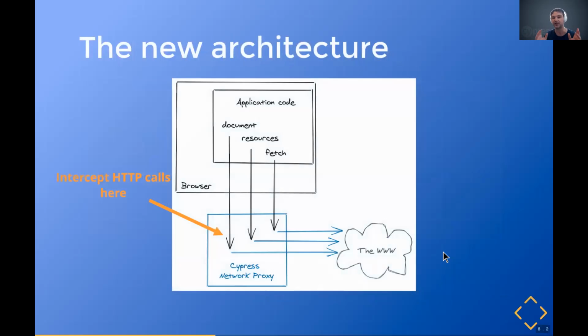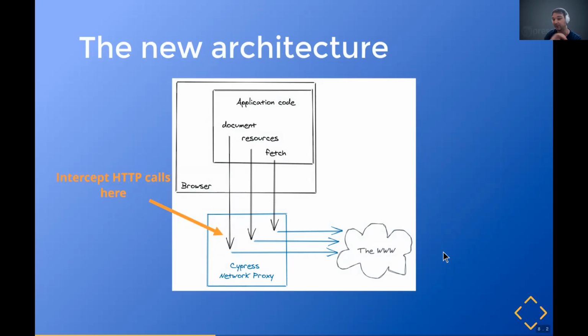So the new architecture is different. Remember, cy.route was just a stub inside the browser. The new thing is different. When Cypress opens a browser, Electron or Chrome, that browser runs, but Cypress itself, the application, that little thing that starts, acts like a proxy. So all the traffic from that browser is going through Cypress, right?